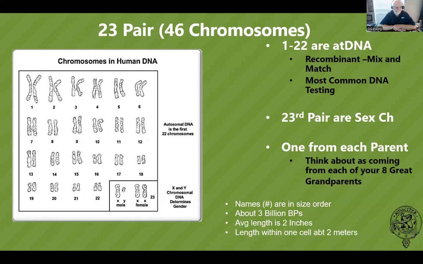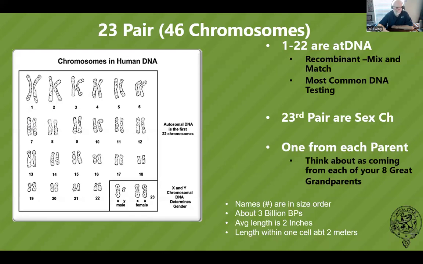The X and Y chromosomes are sex chromosomes. Females have two X's and males have a Y and one X. The Y is passed from father to son, father to son, father to son, generation after generation, and doesn't mix and match like the other 45 chromosomes, or the other 22 and a half pair.